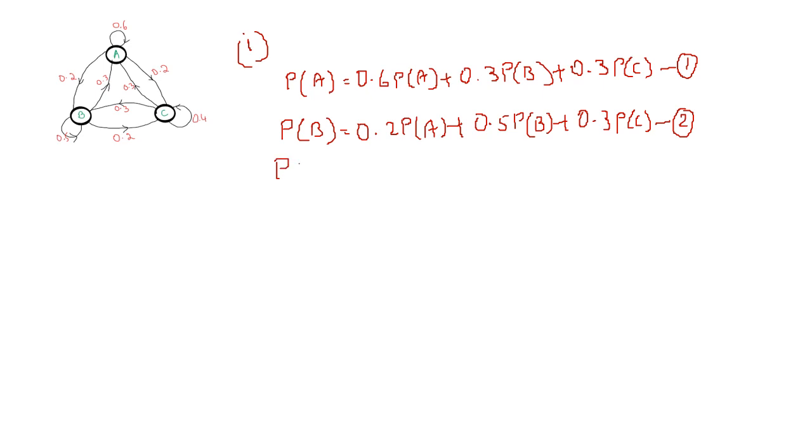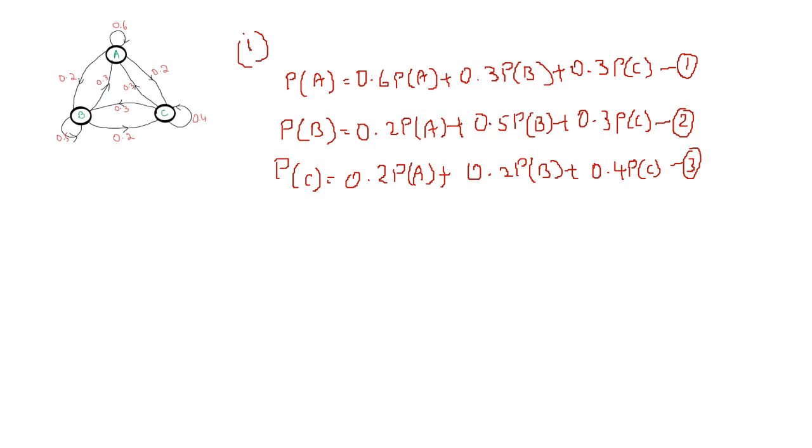Next, the third equation: P of C is equal to 0.2 times P of A plus 0.2 times P of B plus 0.4 times P of C. This is equation number 3 from the state diagram.